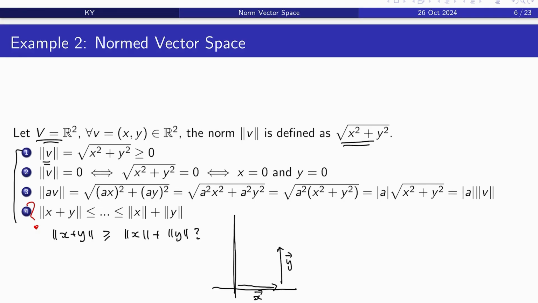And then you want to add these vectors, then you get x plus y. Well, this is the case where the norm of these vectors, or let's just call it the size of these vectors, is always greater than this guy.